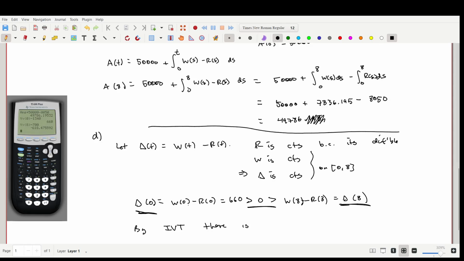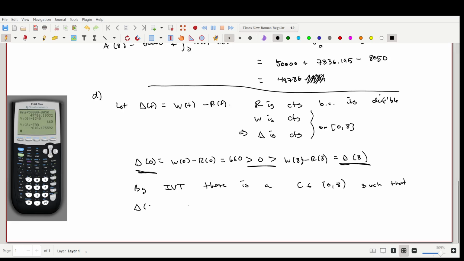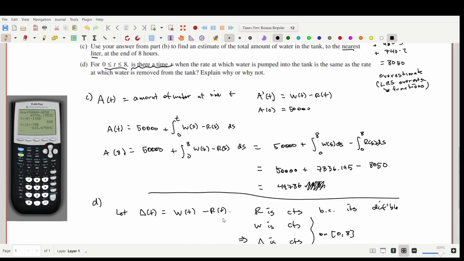Well, IVT, there is a point C in 0 to 8 such that delta of C equals 0, and that implies that W of C minus R of C is 0, and that implies W of C is R of C. That one might be a bit confusing. It is best to make this new function. To find out when two functions cross, it's probably better to look at when the difference is 0.